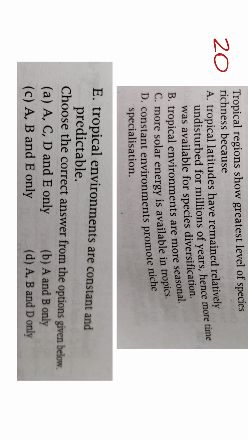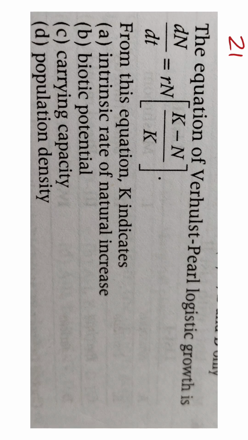The answer is option A, C, D, and E only. Question 21. The equation of Verhulst-Pearl logistic growth is dN/dt = rN (K - N)/K. From this equation, K indicates. The answer is option C, carrying capacity.